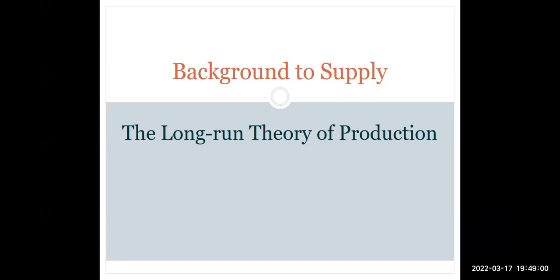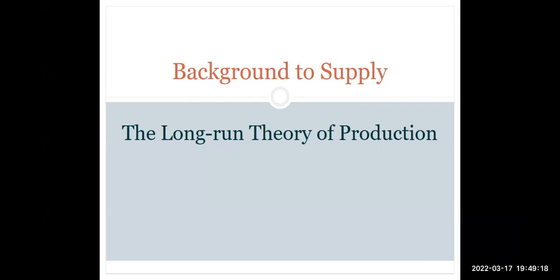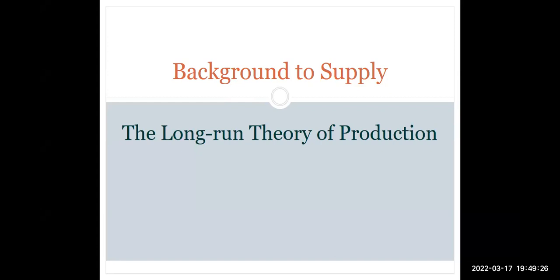For example, when you find that the demand for your product is continuously increasing, you can increase the amount of production. And if you think your demand is decreasing, you can always decrease the production, and you can change both the amount of labor and the amount of capital. Okay, so we are going to talk about this long run theory of production, and we will be seeing what kind of decisions the firms take and how those decisions affect their costs.